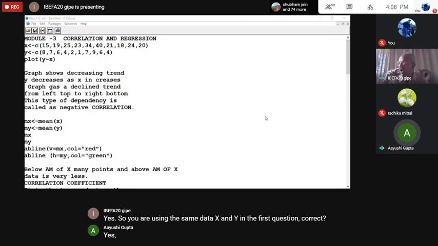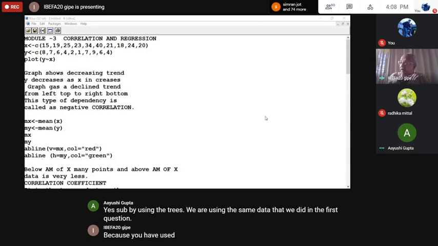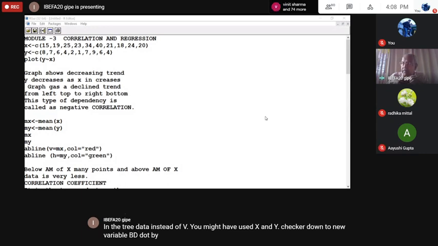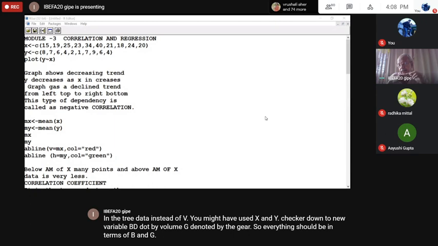Right, because you have used X and Y again. In the tree data, instead of that, check. Now two new variables, V denotes volume, G denotes girth. So everything should be in terms of V and G.